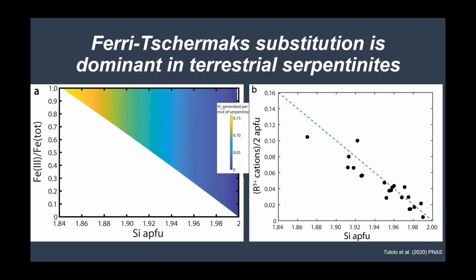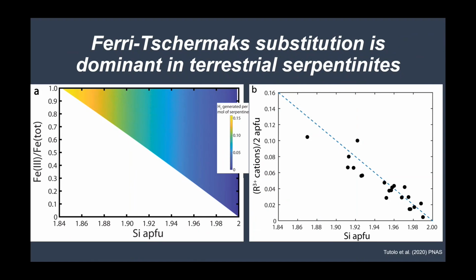So we published a paper, Nick Tosca, Bill Seyfried, and I, a couple of years ago in PNAS, where we really explored this Ferri-Tschermak's substitution. And that is the process that's dominant in terrestrial serpentinites. And so what we show there is that we are depleting silicon in the structure. So again, that's oxidized iron substitution for silicon in the tetrahedral sheet. And we show that using Mossbauer spectroscopy, which is not shown here, thermodynamic and theoretical calculations, which is shown here, and then also electron microprobe data shown on the right-hand side.